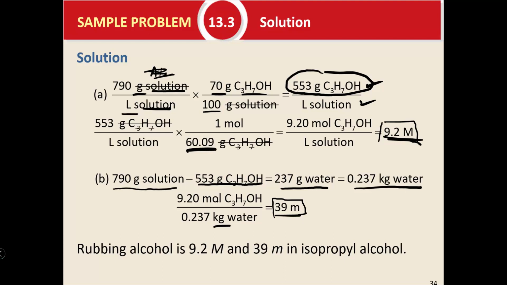So even though I've got 1,000 milliliters of solution, I only have 790 grams of solution, and that's why this was important up here. If you don't label this part correctly, you have no shot at it. And when we say it's 70% ethanol, we're saying it's 70 grams of ethanol per 100 grams of solution. That's a really important step as well.